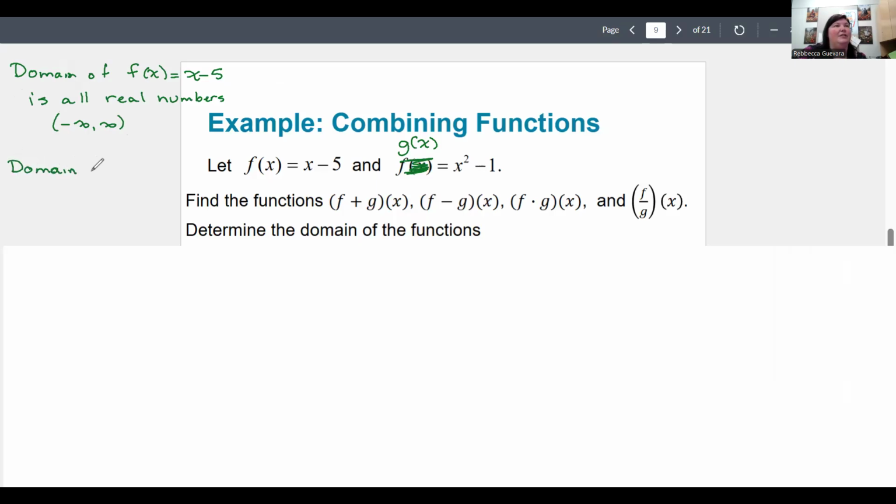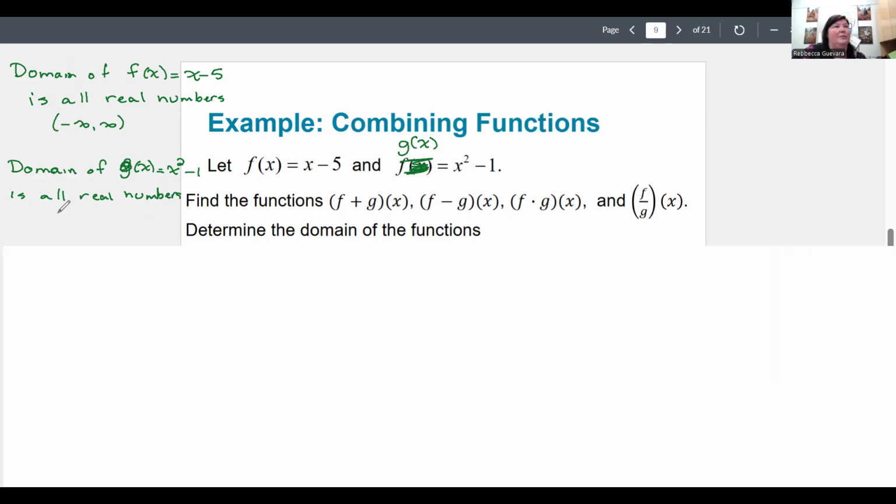And you're going to see the same thing, the domain of g of x, which is just x squared minus 1, same thing. I don't have a denominator to worry about with an x in it. I do not have a square root to worry about. So this once again is all real numbers. So we're not really used to that one.